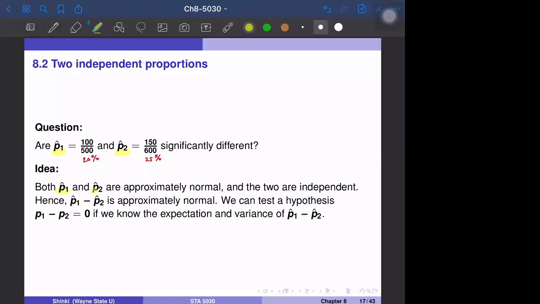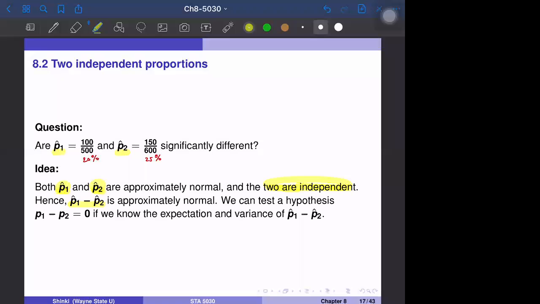Both p1 hat and p2 hat are approximately normal, the same as in the previous section, and the two are independent. We assume p1 hat and p2 hat are from different populations. So p1 hat minus p2 hat is approximately normal. If two random variables are normal and independent, then generally speaking a linear combination of the two is again approximately normal.